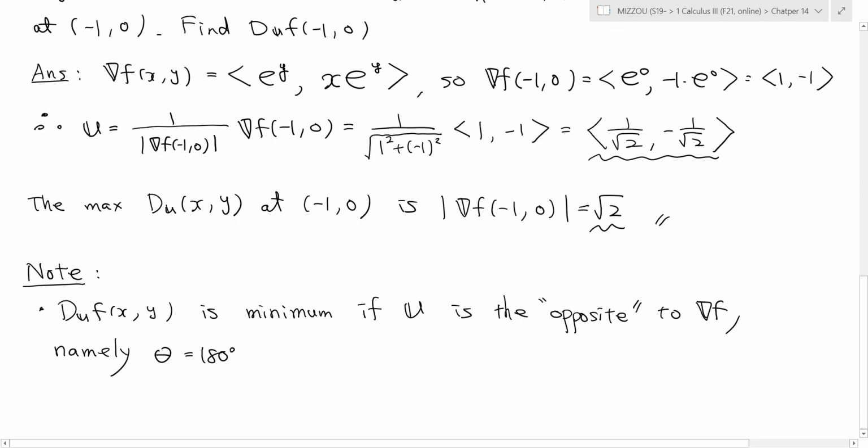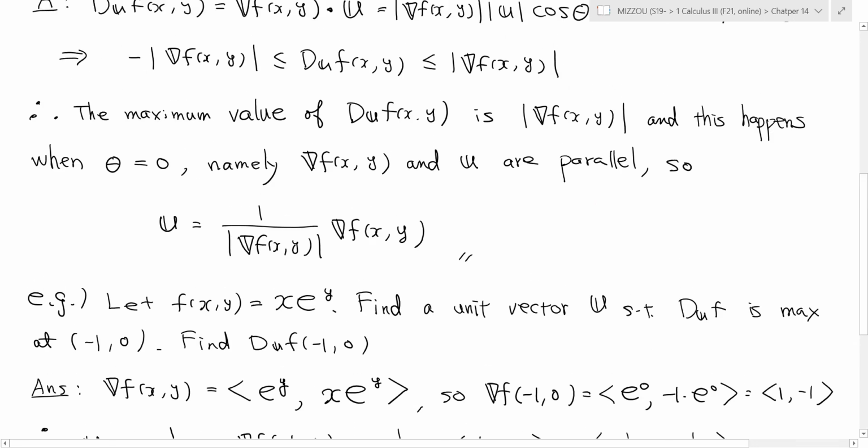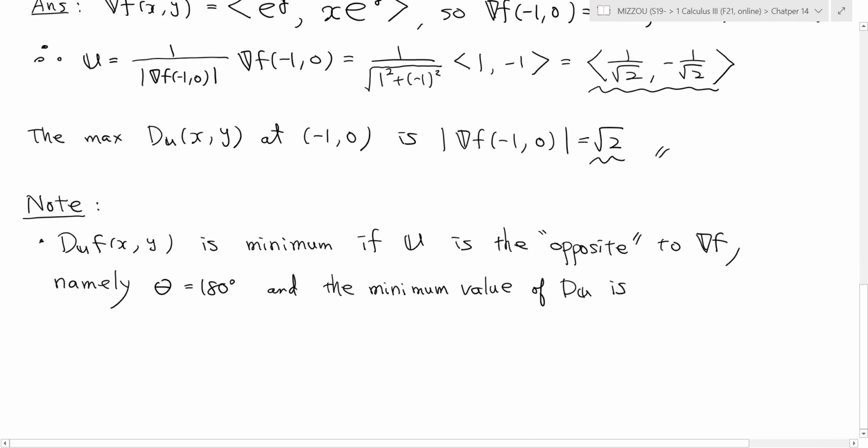And the minimum value of the directional derivative is this guy here, the negative of the magnitude. Okay, that's minimum.